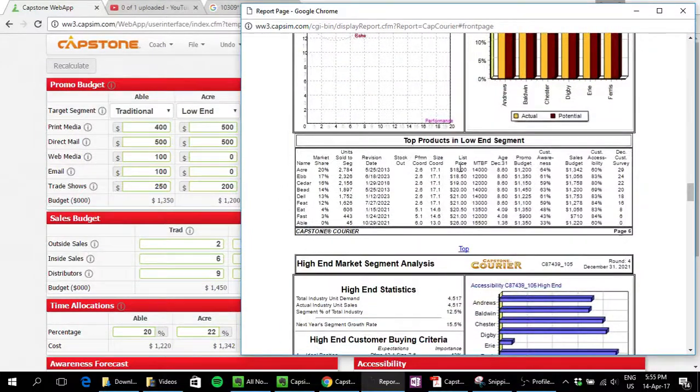However, my low end is working really well, even with low customer awareness and accessibility, but that's because I have a really low price. So once again, it depends on your strategy. I'm using a low tech strategy, so instead of putting more money on marketing efforts, I'm providing a lower price item.